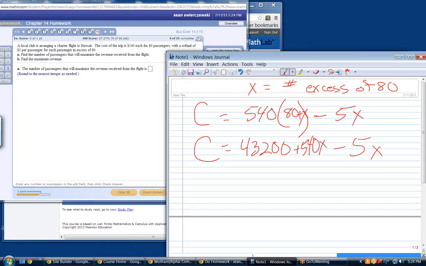Or, well, not if we let x be the number in excess of 80. What if it was x minus 80? No. And I don't think we can go with the original equation, because then the maximum revenue would come when x is 0. So it would come at 80 customers. But the whole thing doesn't really make a whole lot of sense.